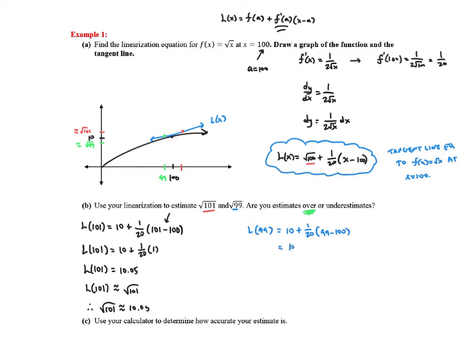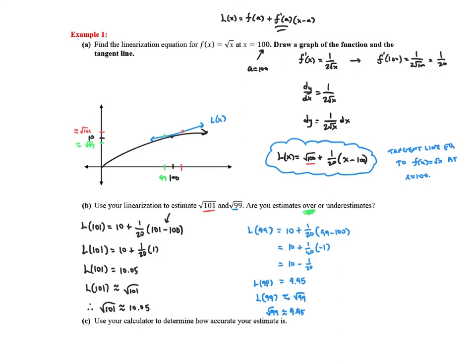So that will be equal to 10 plus 1/20th times -1, which is 10 minus 1/20th, which ends up being 9.95. Again, this is the approximation for the square root of 99. So the square root of 99 is approximately equal to 9.95.